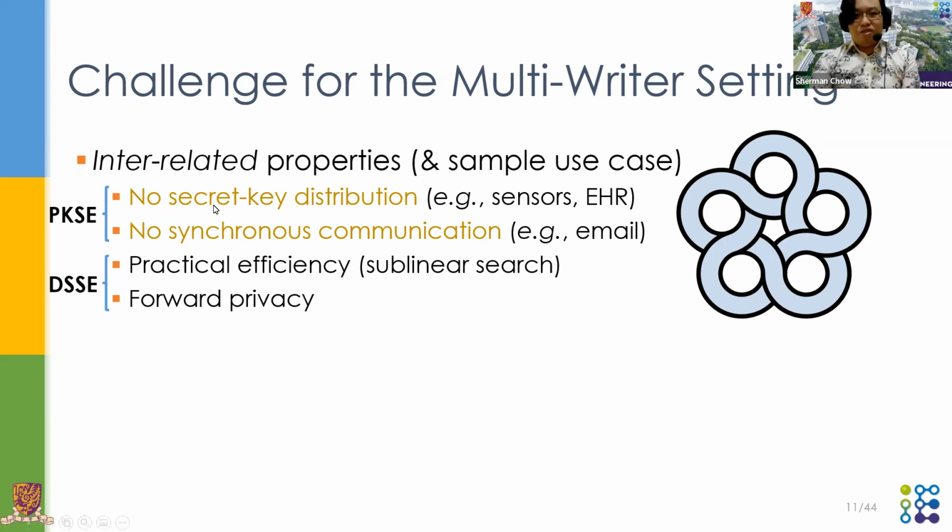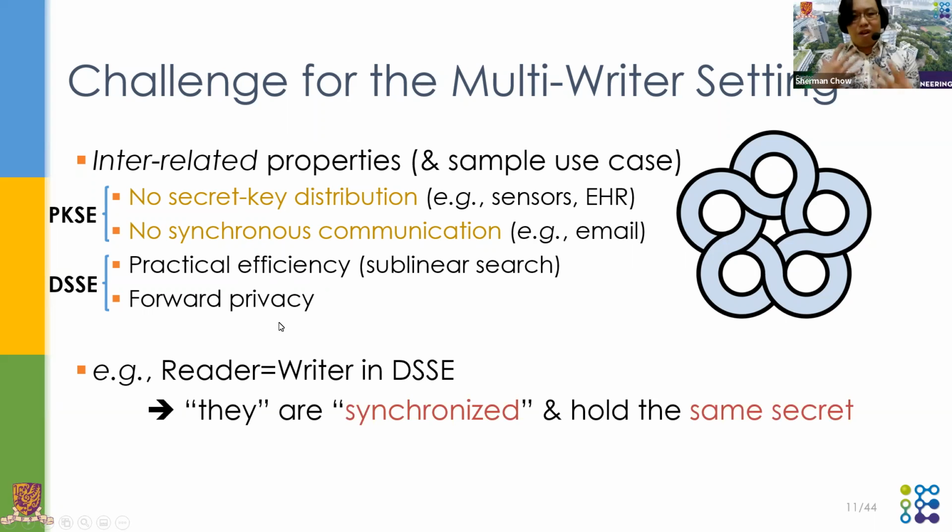But yes, they are also interrelated to some of the other features we want to achieve. For example, DSSE does have the sublinear search, it does have forward privacy, but on the other hand, the reader is simply the writer in this SSE. So by definition, both parties are synchronized because they are the same party, and they are just holding the same secret key.